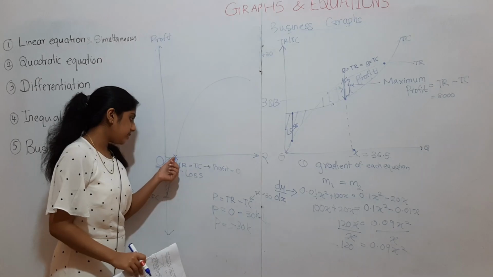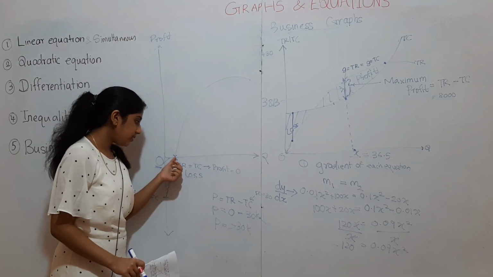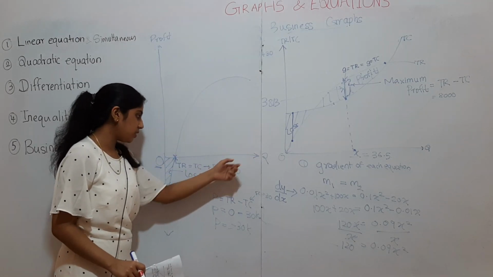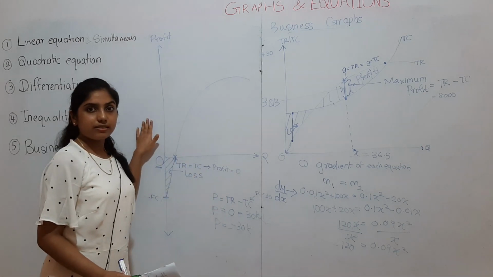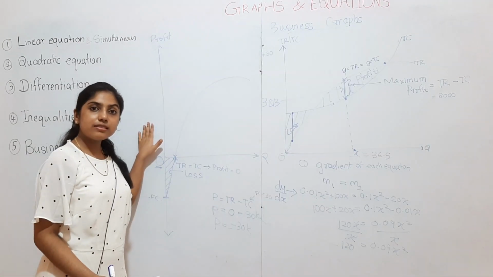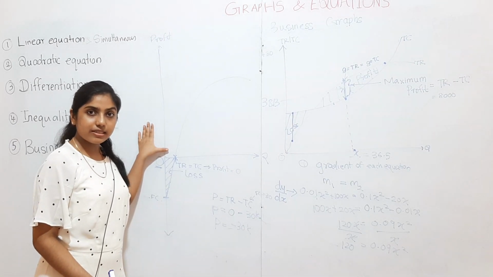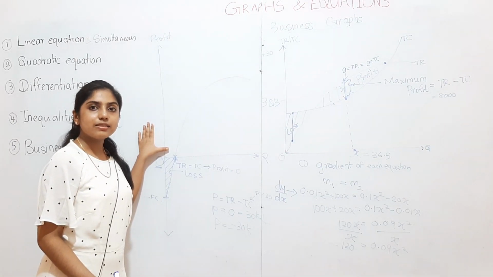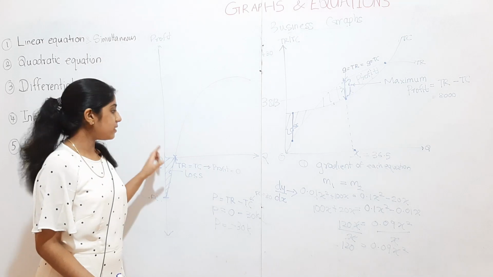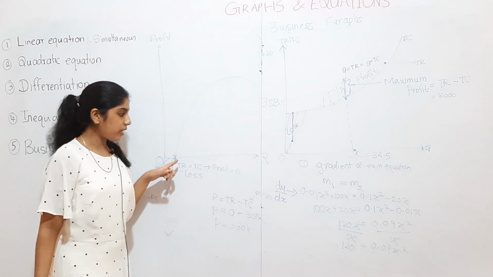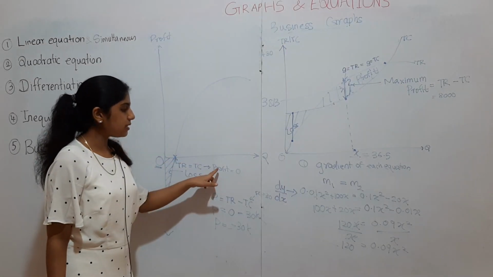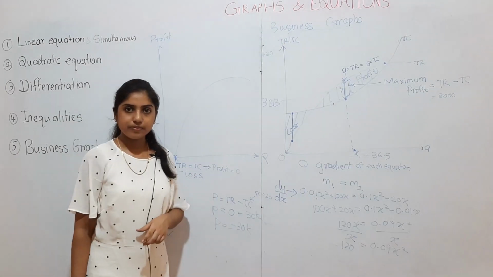So you see here, there is a particular quantity for it, but there isn't a y-axis value here. So if there isn't a y-axis detail here, that means the y-axis is equal to 0 at this point. And if it's equal to 0 at this point, that means profit is equal to 0.